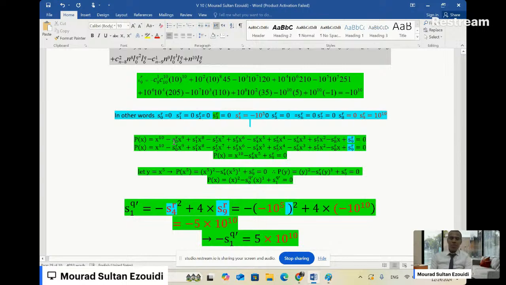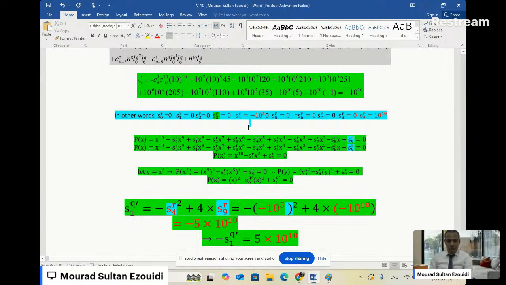So my new degree 10 equation has to be written as: X raised to the power 10 minus S0 of R, X raised to the power 9 plus S1 of R, X raised to the power 8 minus S2 of R, X raised to the power 7 plus S3 of R, X raised to the power 6 minus S4 of R, X raised to the power 5 plus S5 of R, X raised to the power 4 minus S6 of R, X raised to the power 3 plus S7 of R, X squared minus S8 of R, X plus S9 of R equal to 0.